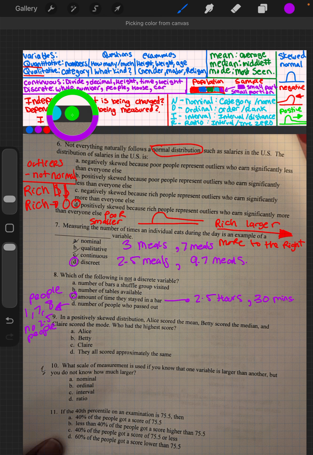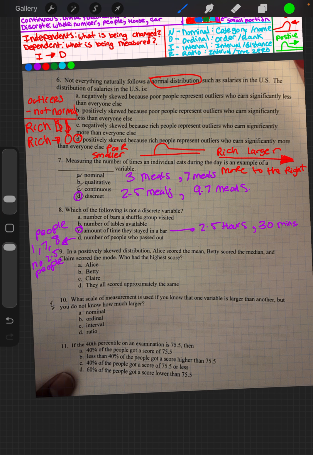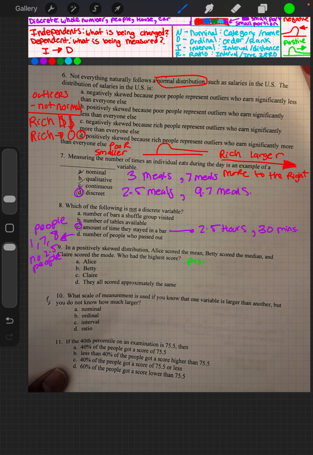Okay. This one might get confusing, but I think you get this. So positive and negative. So a positive skew, I'm gonna just tell you right now. So this is gonna be high to low.